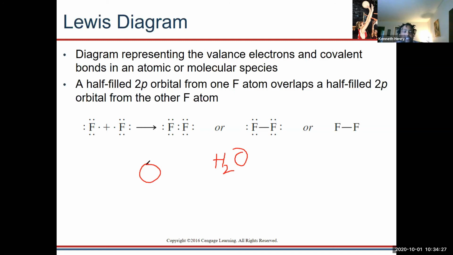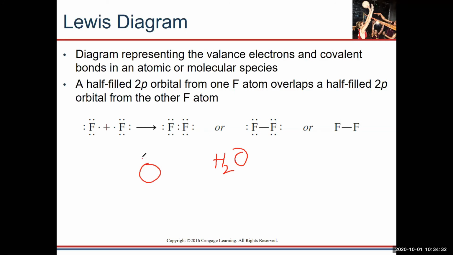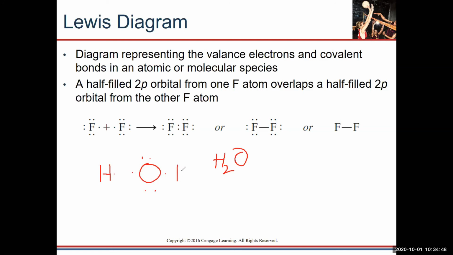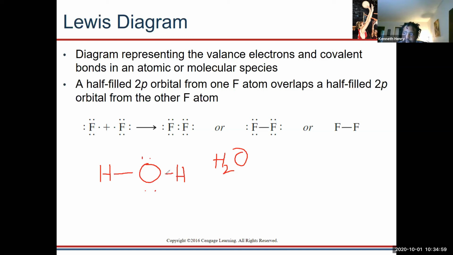How many valence electrons does oxygen have? 6. How many valence electrons does hydrogen have? 1. So one bond, one bond.